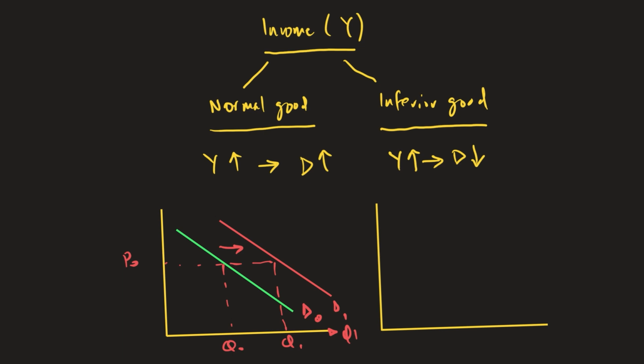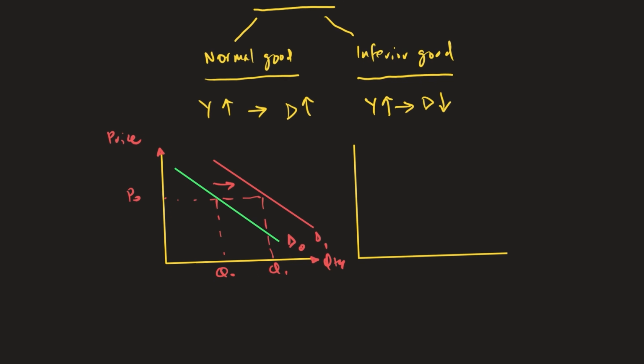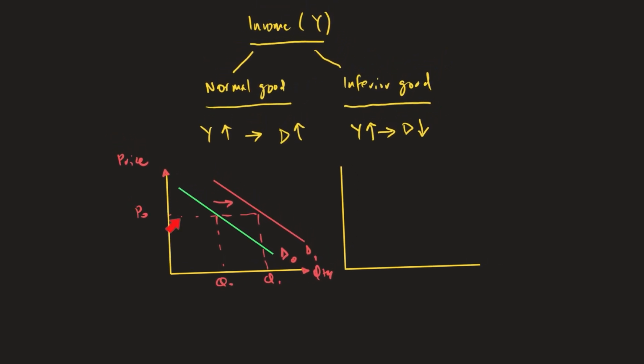And because it's a shift of the demand curve, we call it a non-price factor, because it's not the price that is making us buy more, it's a rise in income that is making us buy more. So for example, I can write here, it could be demand for foreign vacation.